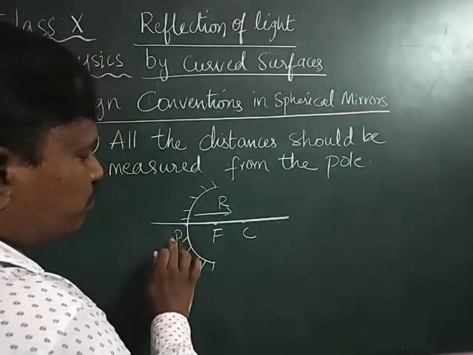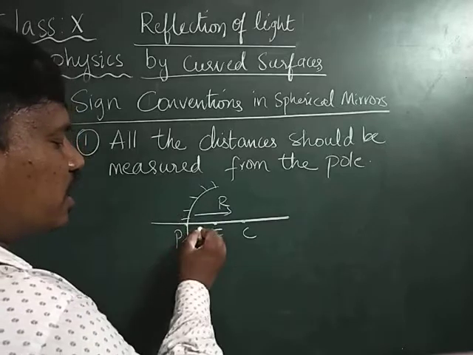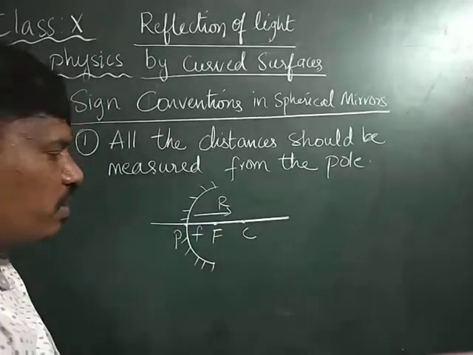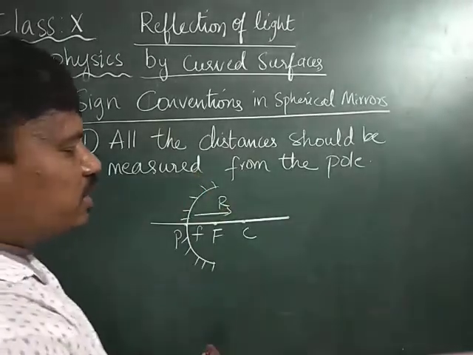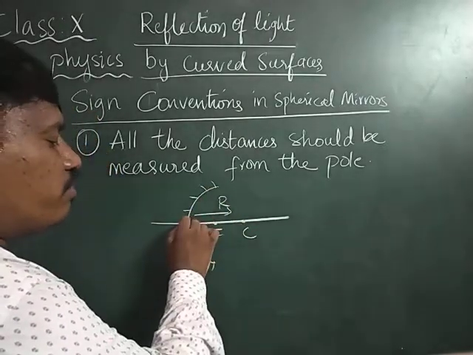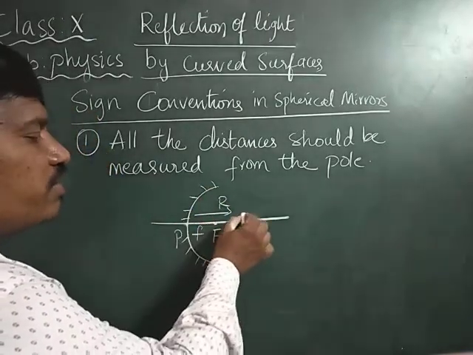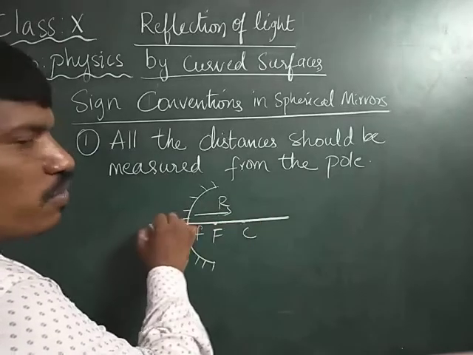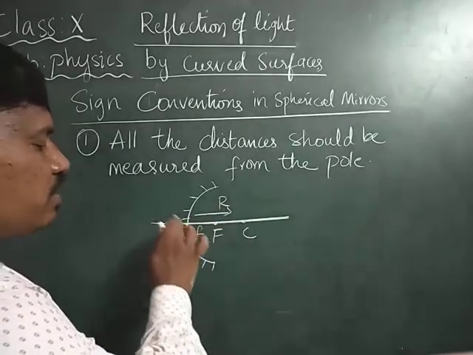The distance between the pole and the focal point is called the focal length. Therefore, when we are measuring, we should measure from the pole only. We should not measure from any other point to the pole.